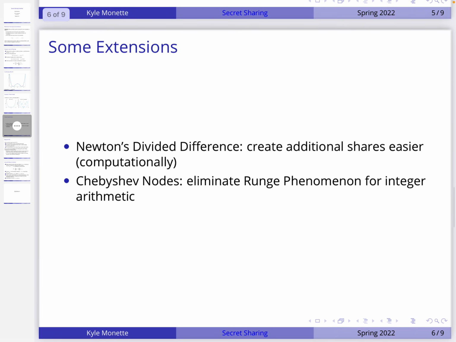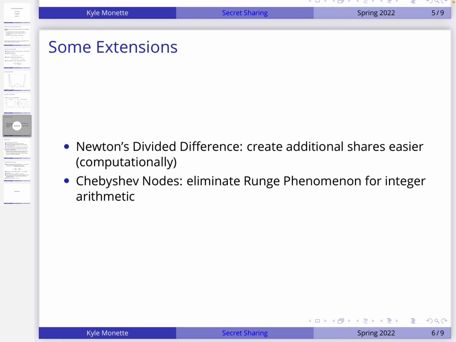I looked at some ways you can modify this, so you could use Newton's divided difference. This is a way to calculate the shares differently. However, you get the same polynomial, because if you have, let's say, k data points, that will uniquely define a polynomial of degree k minus 1, provided the points that you use are distinct.